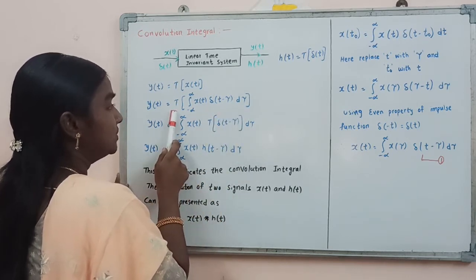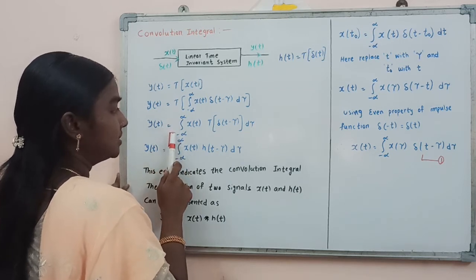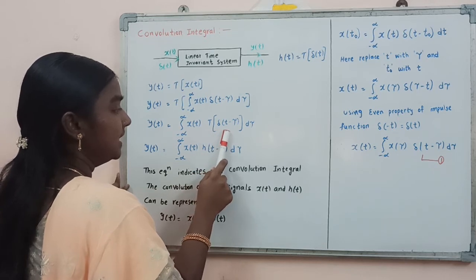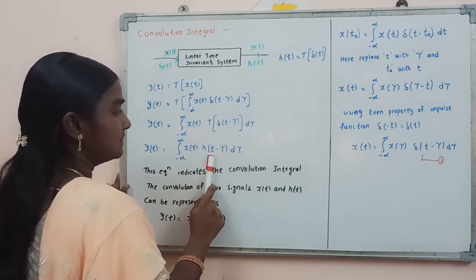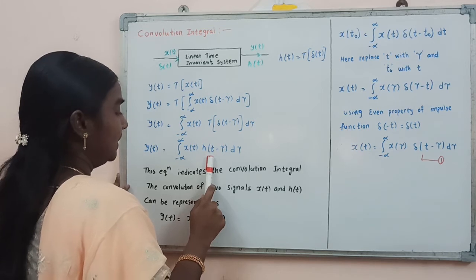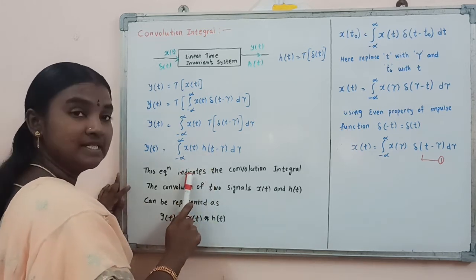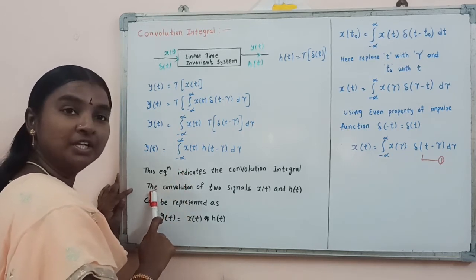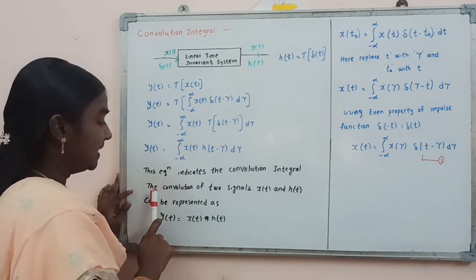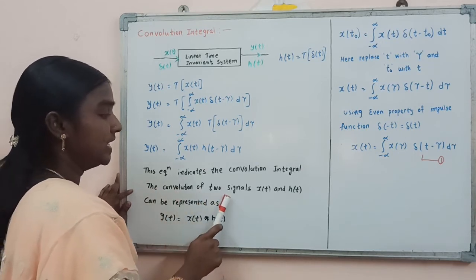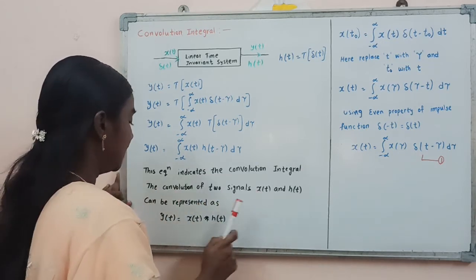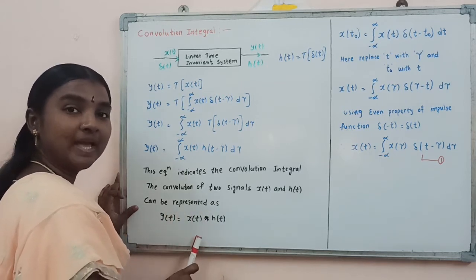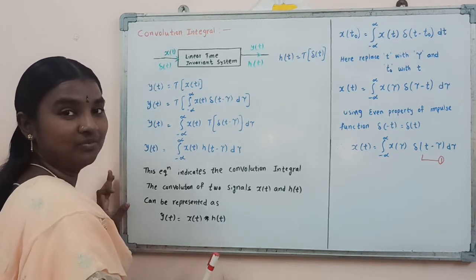Now by applying the transform to this integral function, the transformed form of impulse signal can be written as impulse response in this manner. Now this equation indicates the convolution integral of continuous time domain signals, and this convolution of two signals x of t and h of t can be represented as y of t will be equal to x of t convolution h of t.